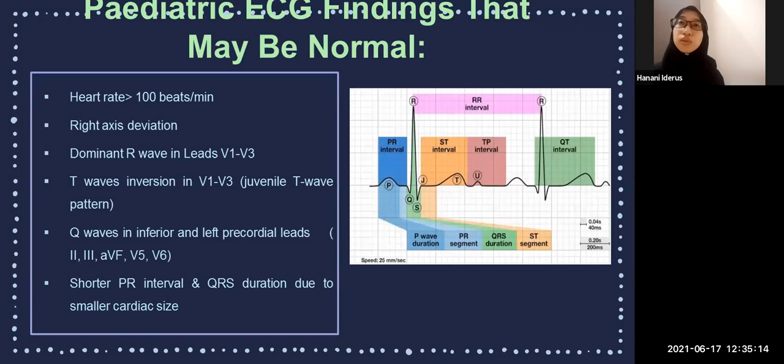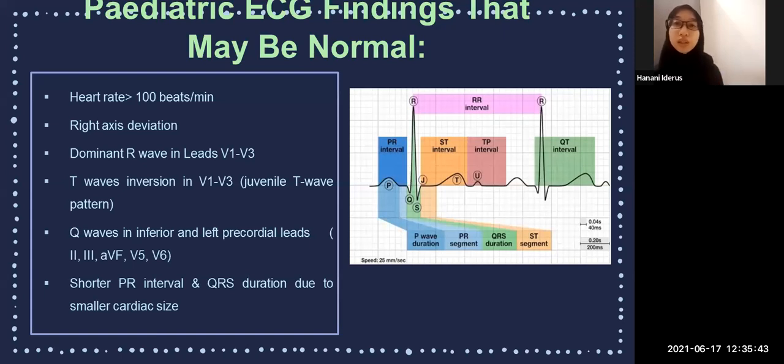I will not go through how we interpret the ECG, because I think we have already learned that. Pediatric ECG is interpreted the same as an adult. However, we must take note that some findings that may be abnormal in adults can be normal in pediatrics, because they are a bit different.